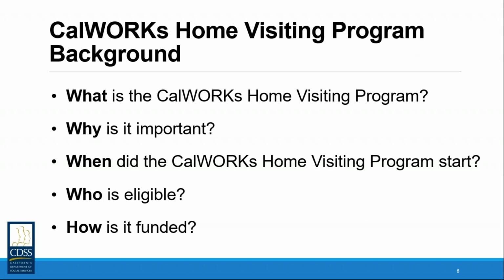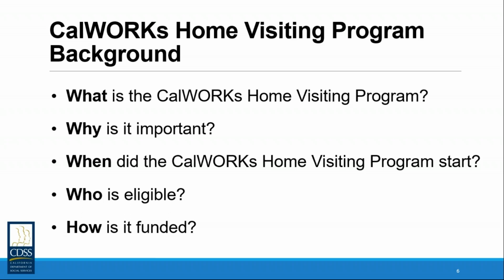In order to be eligible for the HVP, the individual must be a member of a CalWORKs assistance unit who is pregnant or a parent or caretaker relative of a child less than 24 months of age at the time of enrollment, or a pregnant individual who has applied for CalWORKs aid within 60 calendar days prior to reaching the second trimester of pregnancy and would be eligible for CalWORKs aid other than not having reached the second trimester of pregnancy, or an individual who is pregnant and apparently eligible for CalWORKs aid.